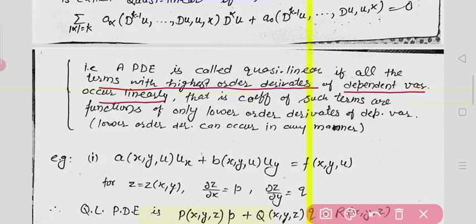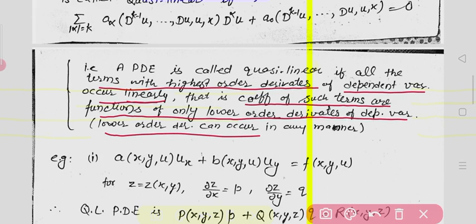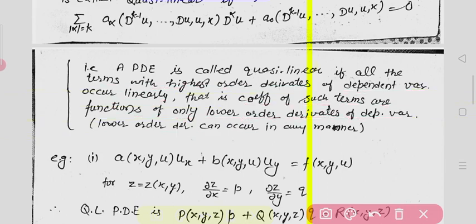The highest order derivative should be only linear, and that is, coefficients of such terms, meaning the highest order derivative's coefficients, are a function of only lower order derivatives of the dependent variable. Okay, and the lower order derivatives can be present in any way.